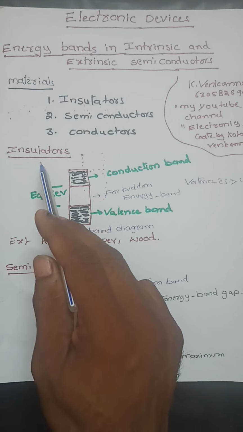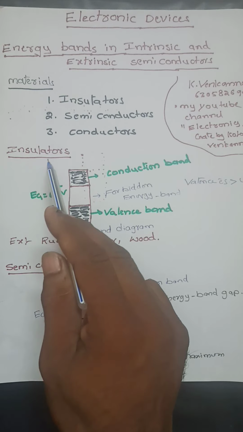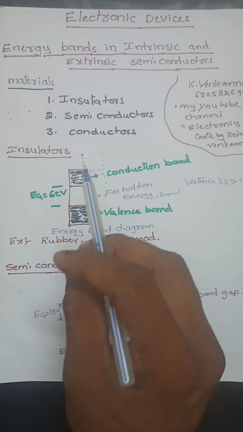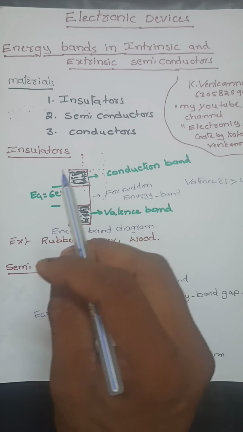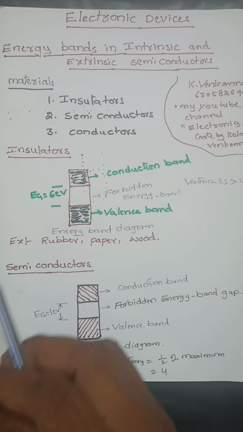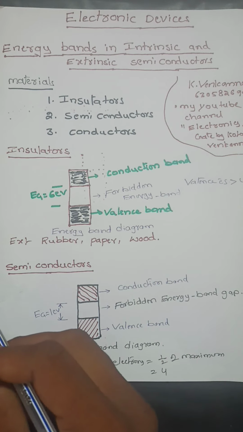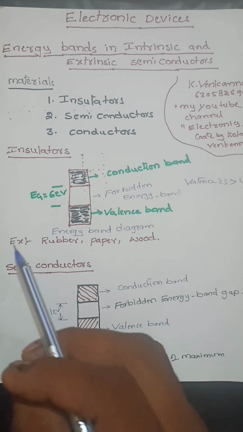What is an insulator? An insulator is a material which does not allow free flow of electrons. Such materials are known as insulators. The outermost valence electrons of insulators are greater than 4.